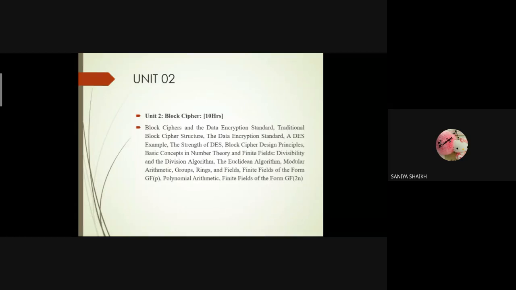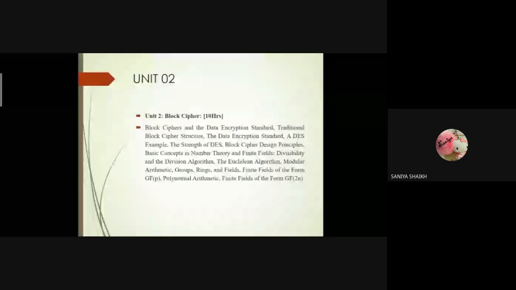So in our second unit we have to study the main objective of network security and the various algorithms related to the cipher. In the second unit we'll go into detail on what is a cipher, what is a block cipher, and what are the different types of block cipher algorithms.